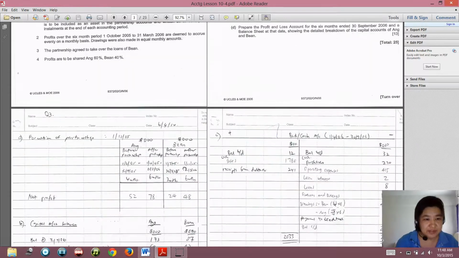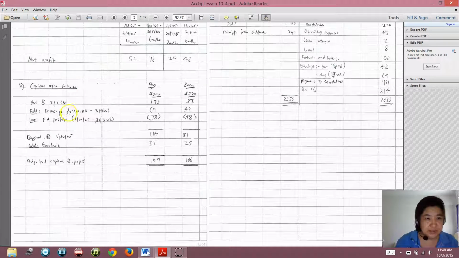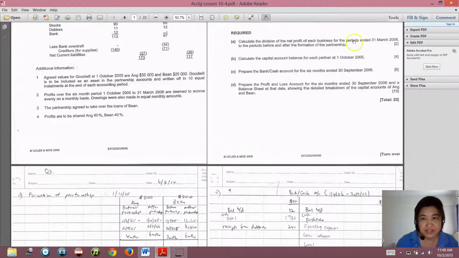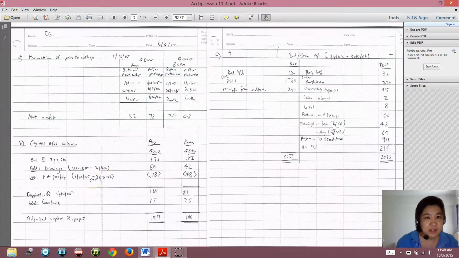So you have the question paper with you. So the capital account balance at 31st March 2006 is given in the question, 173,000. Drawings. So you are supposed to calculate the capital at 1st October 2005 as asked in the question.